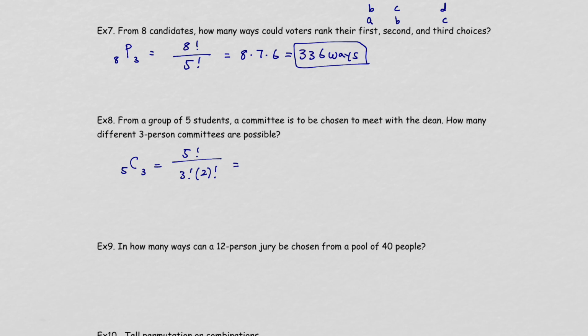So it gives you 5 times 4, because it cancels out the 3 factorials, and you have 2 times 1 remaining. So it will be 10. As you can see, combinations always give you smaller values because order does not matter.